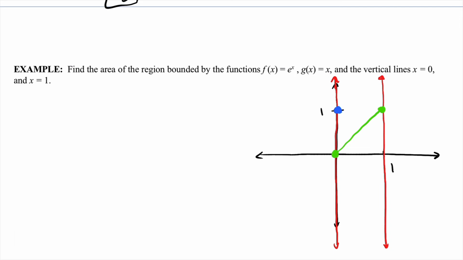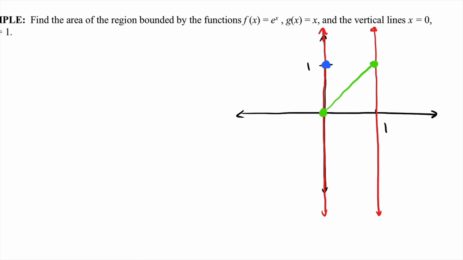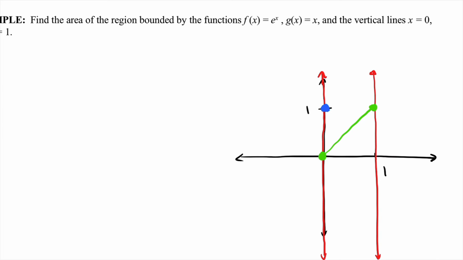And then at 1, where is the graph going to be? E to the first, which is around 2.7, 2.8. So I need to extend my graph a little bit up. I'm going to draw my red line a little bit up.